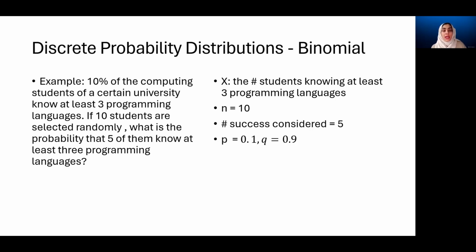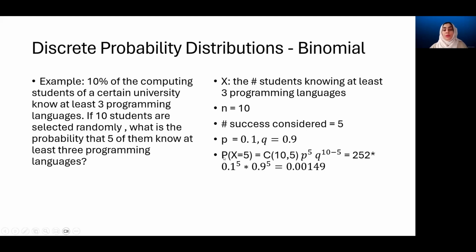The probability of success is derived from the fact that 10% of this population has this characteristic, so p is 0.1. The probability of failure is the complement of it, which is 0.9.